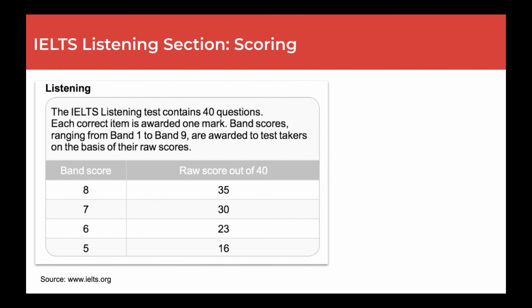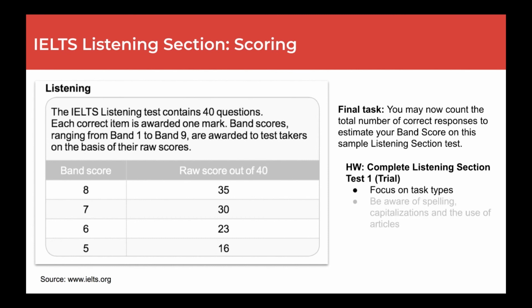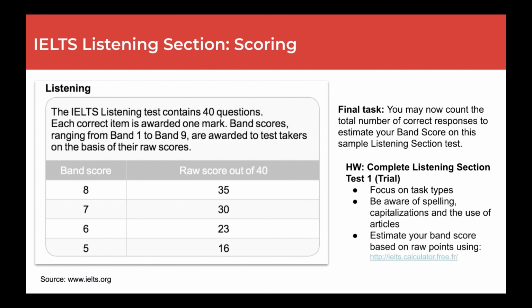However, as you practice, this is a very good benchmark for you to use so that you know how many mistakes you're allowed to make across the listening section to be able to get the score that you need to perform at. A model listening section that you can complete to get a real experience of what it feels like, and then at the end of the section you will get your raw score, and you can use this website.